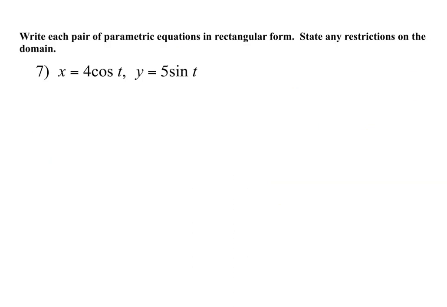When it says write in rectangular form, what it means is get rid of your t's and write just y's and x's, okay? So for something with a trig function, get them both in terms of t by itself and then rewrite it using your cosine and sine functions, like cosine squared plus sine squared equals 1, or your tangent squared plus 1 equals secant squared. So secant squared minus tangent squared equals 1.